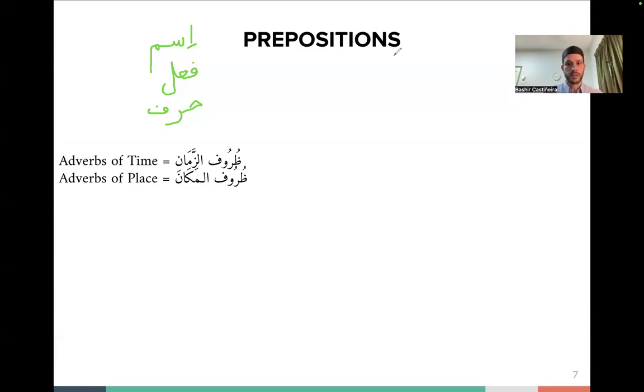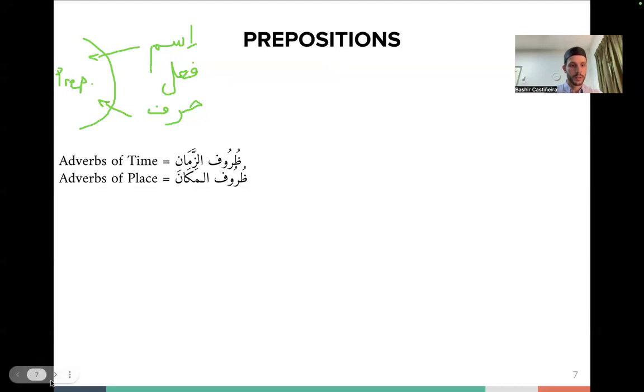Now, these prepositions, which is an English word category, in Arabic can be either huruf or asma. Some of them are asma, some of them are huruf. Let's look at this.